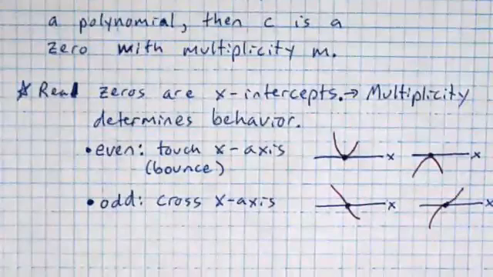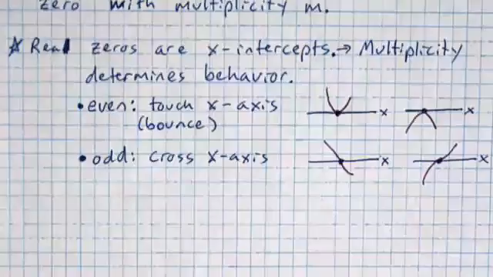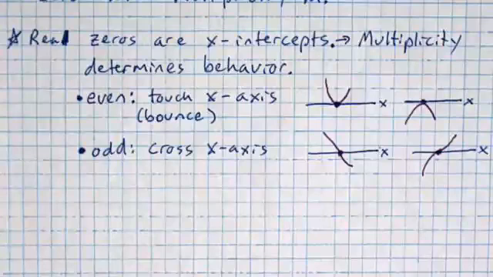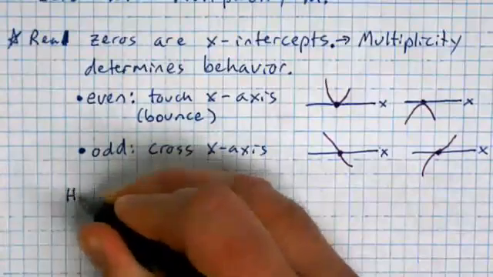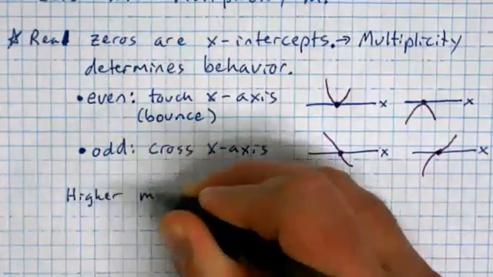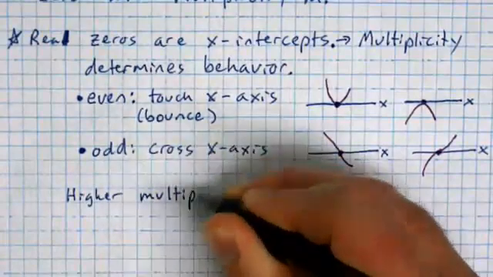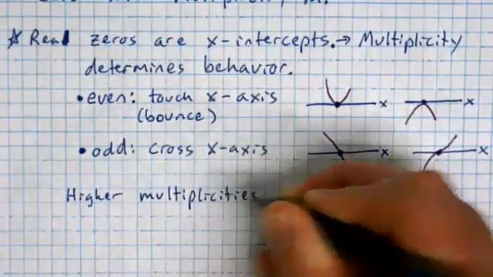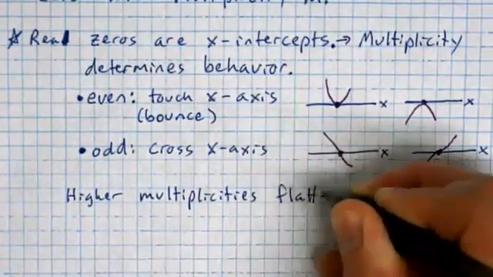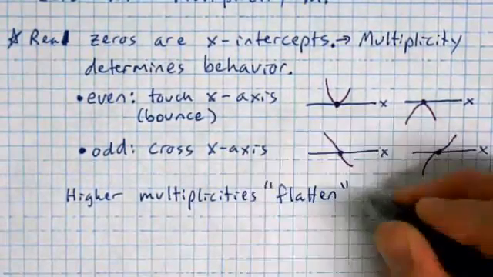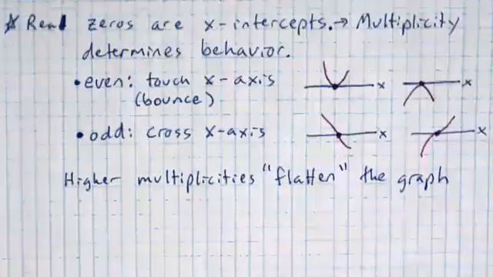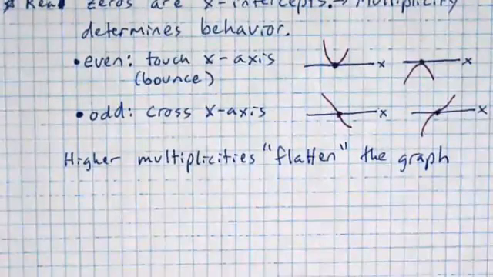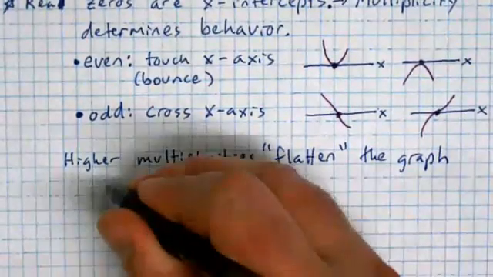Did you talk about this last year? And there's one more piece to this. Higher multiplicities flatten the graph. This is not very technical terminology, so let me show you what I mean by this.